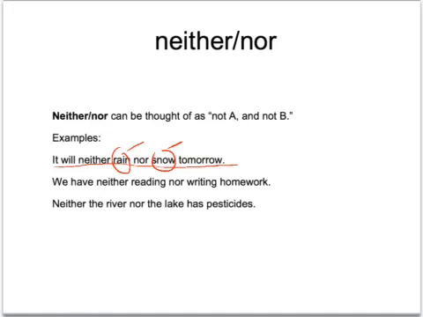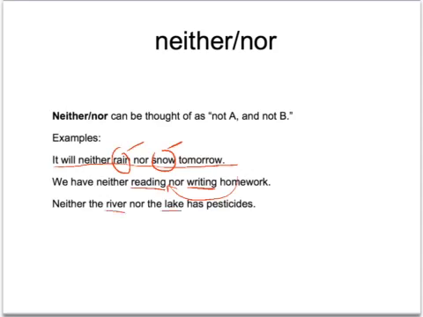We have neither reading nor writing homework. So reading and writing are being compared. In fact, to follow the rule exactly, I probably should have put homework here. We have neither reading homework nor writing homework. That way they are of exactly equal value. Neither the river nor the lake has pesticides.